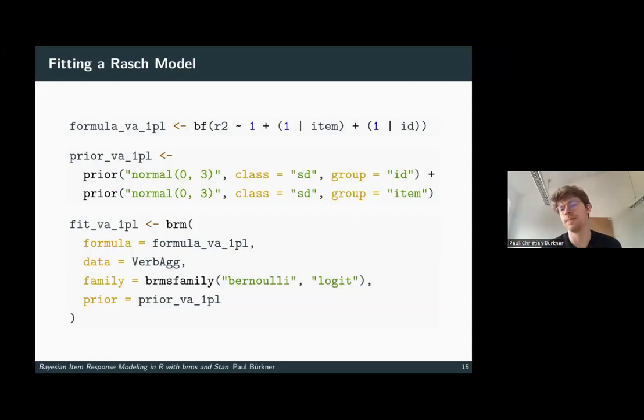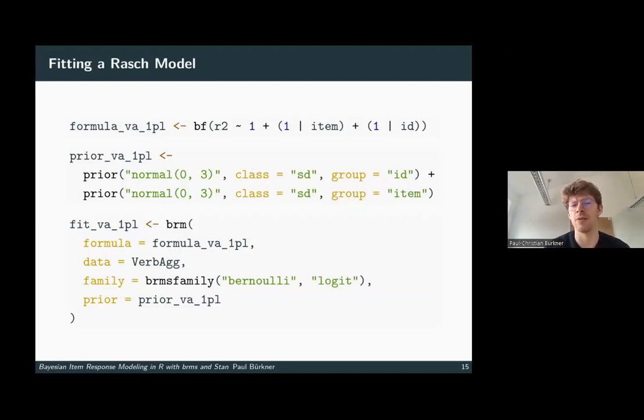But what we could specify, if we wanted to, is a specific prior for the standard deviation of those random effects of ID, that is person, and of item. Here, for example, we would specify those standard deviation parameters as being half normally distributed, normal 0, 3. This half, or this truncation, is not specified here, but it happens implicitly behind the scenes.